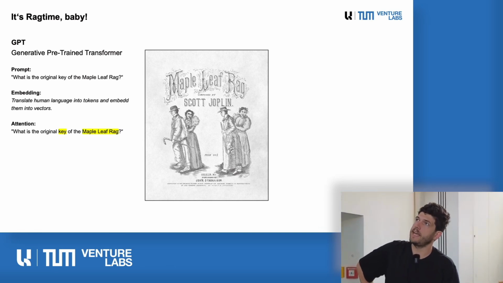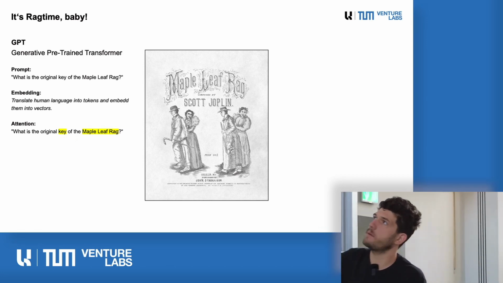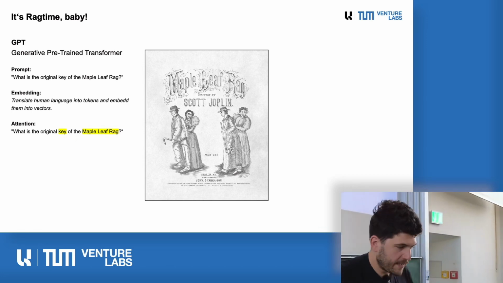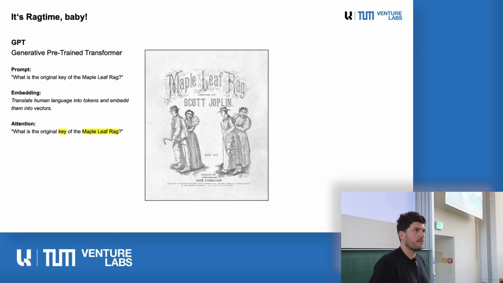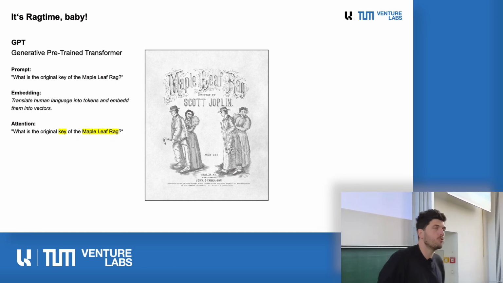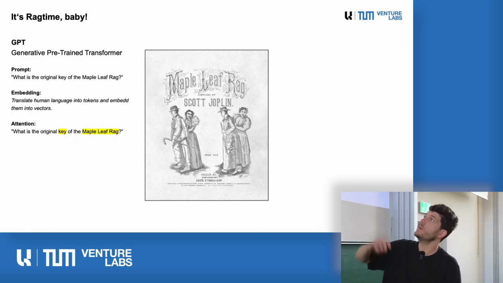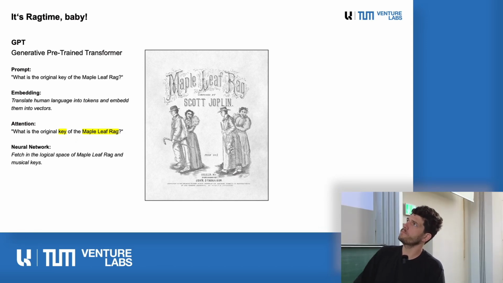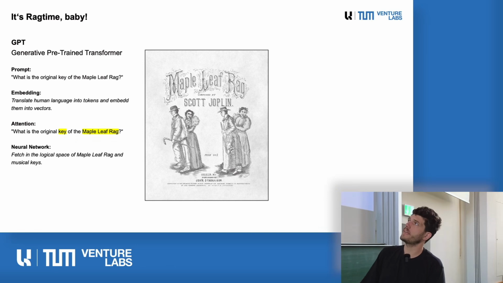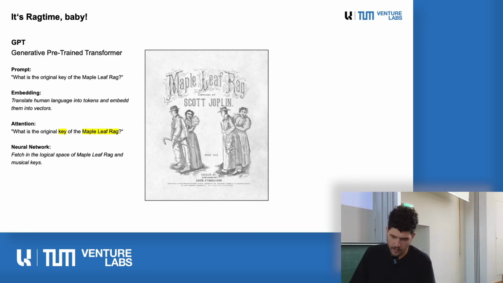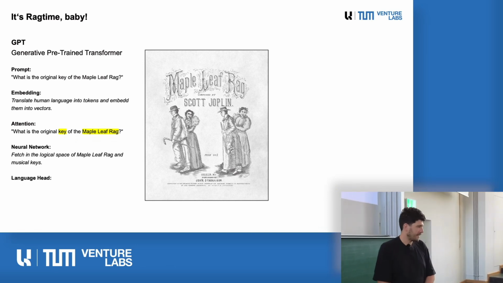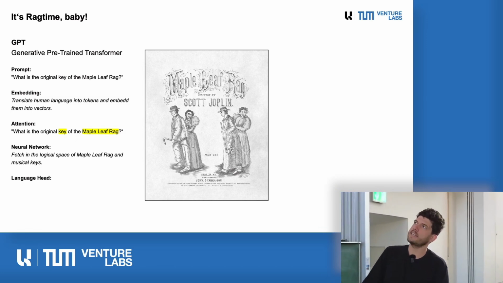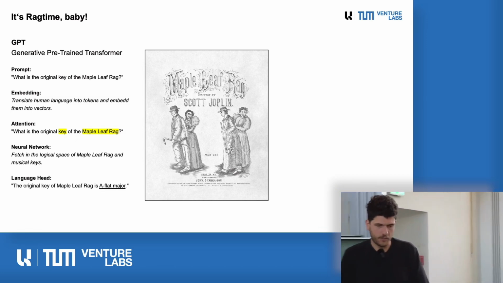It gives that attention, that we say, okay, key and Maple Leaf Rag, knowing that key in this context does not mean something to open something, but it's a musical key that we are looking for. Okay, we have attention, and in this embedded space, in the neural network, we make the calculations, and we learn that the language head says most likely it is A flat major.